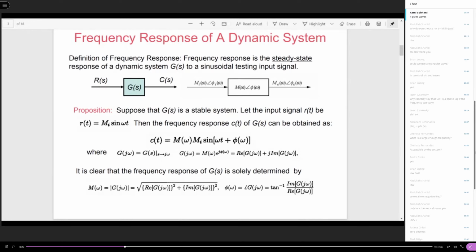So the phase is different, the magnitude is different. Not only that, even if you do not change the initial phase and the magnitude of the sinusoidal input signal, and only change the frequency, the steady state response magnitude and initial phase change.